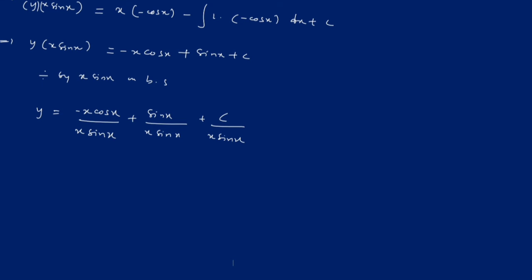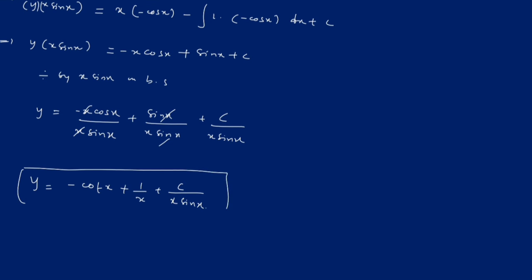So now y equals, x gets cancelled, cos by sin is minus cot x, plus sin x gets cancelled, 1 by x, plus c upon x into sin x, right? Which is nothing but our required solution.